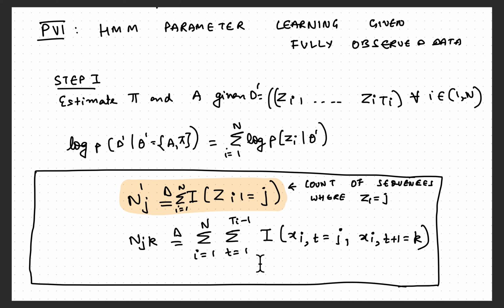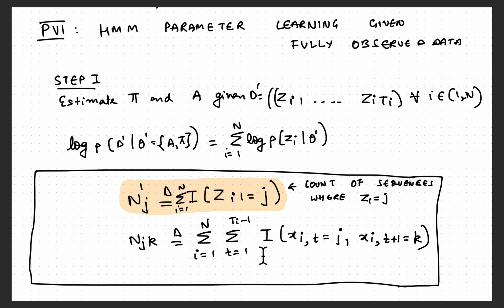So this summation is giving us the count of transitions where at time t you were in the jth state and at time t plus 1 you are in the kth state. You're doing this counting over one sequence first, that's the inner summation, and then you're doing this across all of the sequences.